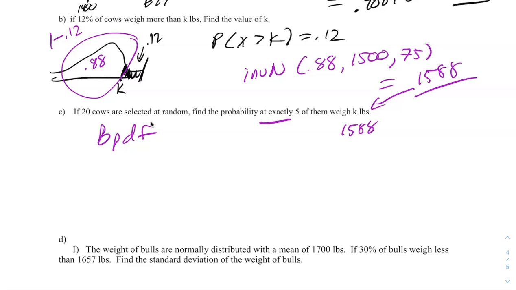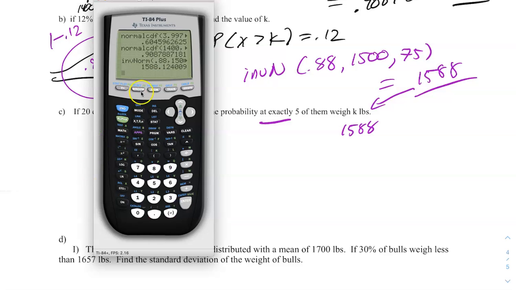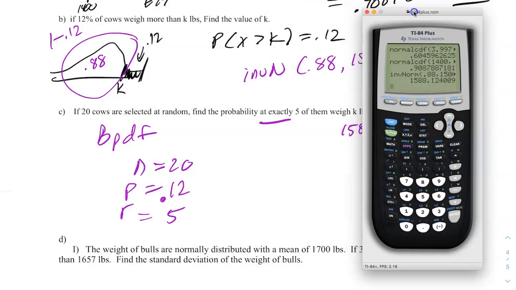So all we need is n, p, and r. Exactly 5 of them, so that's easy. The number is 20. The probability that it's K pounds, which is 1588, is 12%, so 0.12, and I want exactly 5. PDF's the easy one because it says exactly, so that's a lot easier.